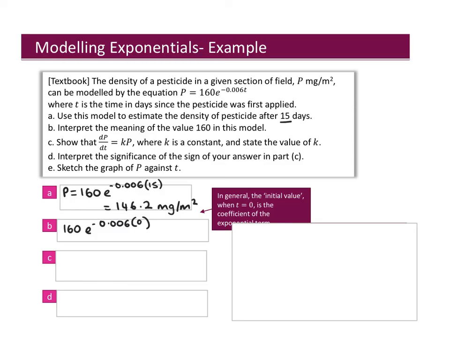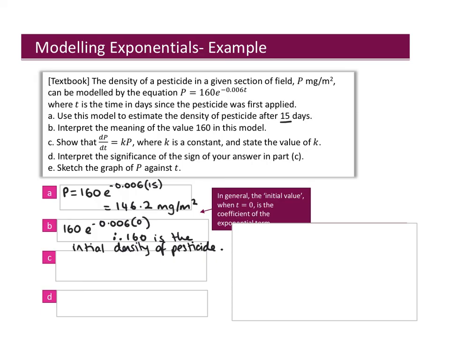When my time is 0, we actually have 160. So, we need to read the question: 160 is the initial density of pesticide.